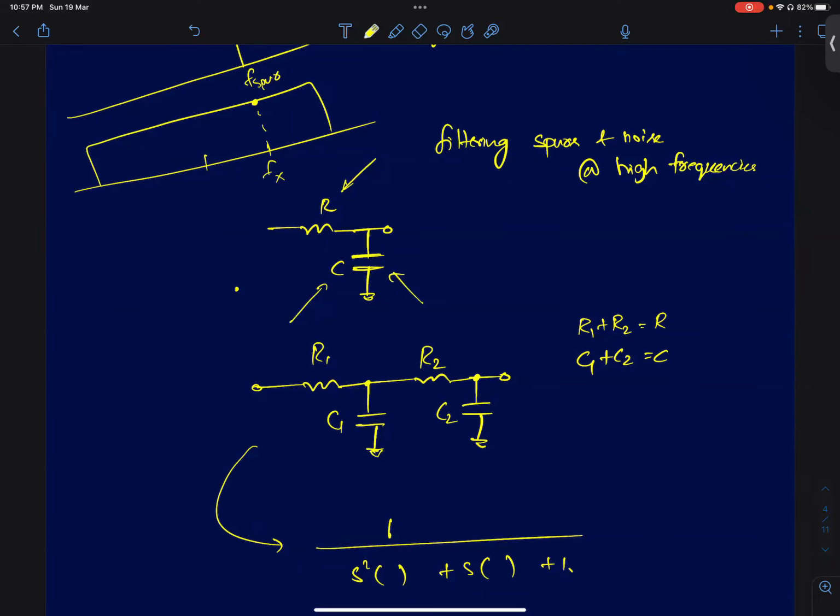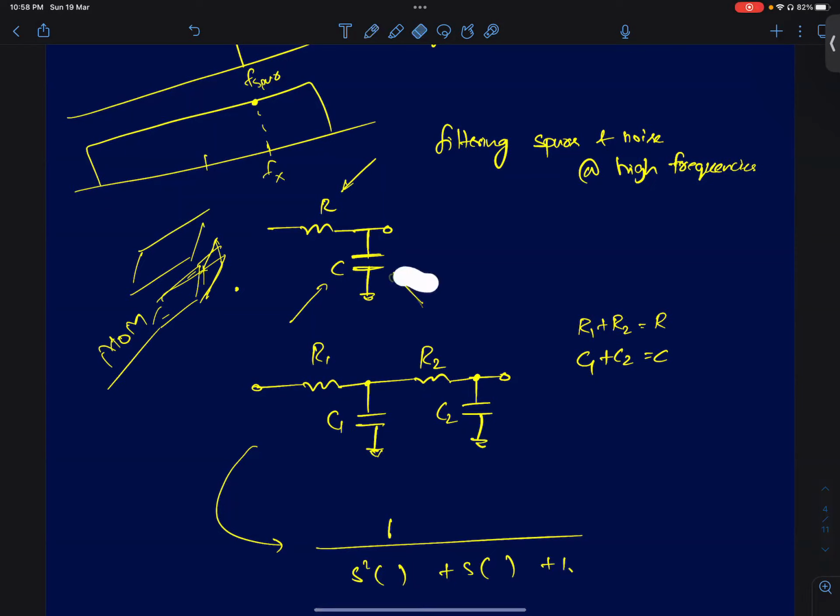One is MOM, metal on metal, or MIM, metal insulator metal capacitors. That's like a parallel plate capacitor, and in between there will be an insulator, which typically is silicon dioxide in a CMOS process. They end up costing a lot of area.